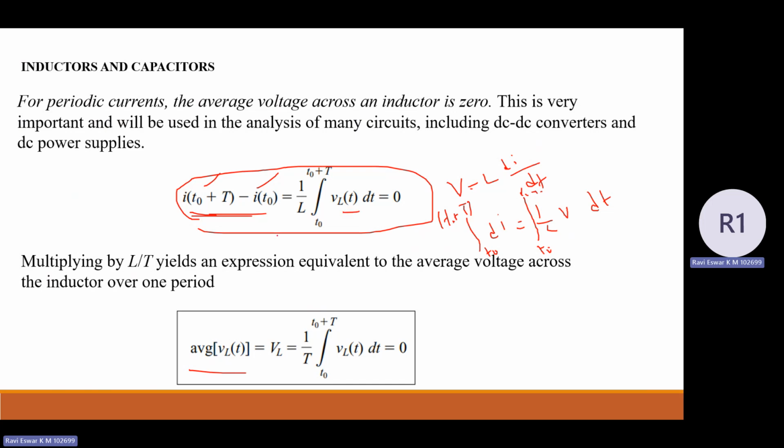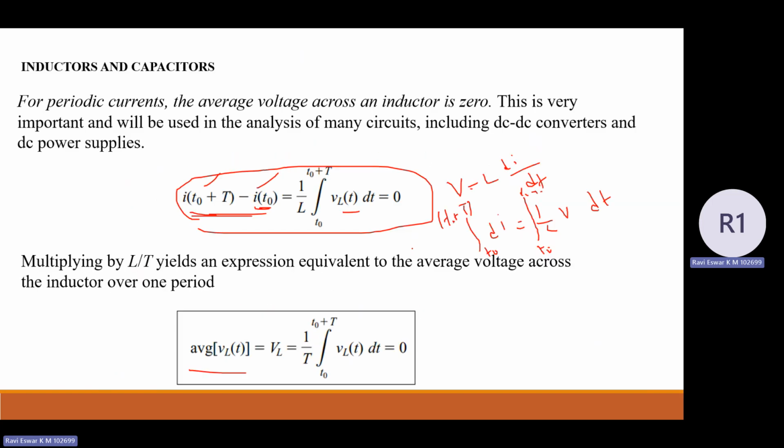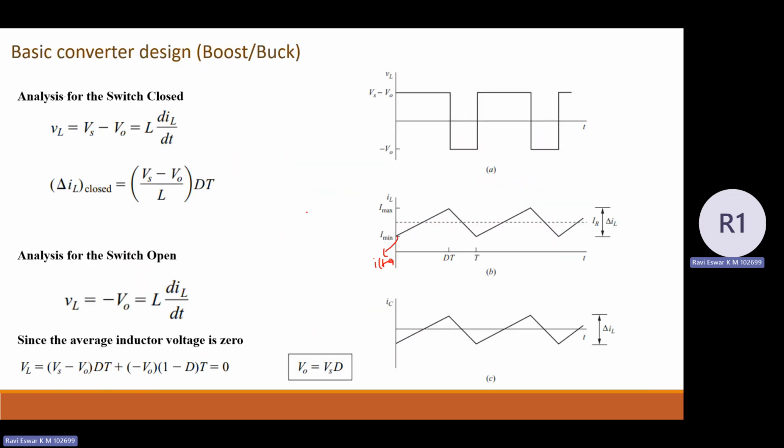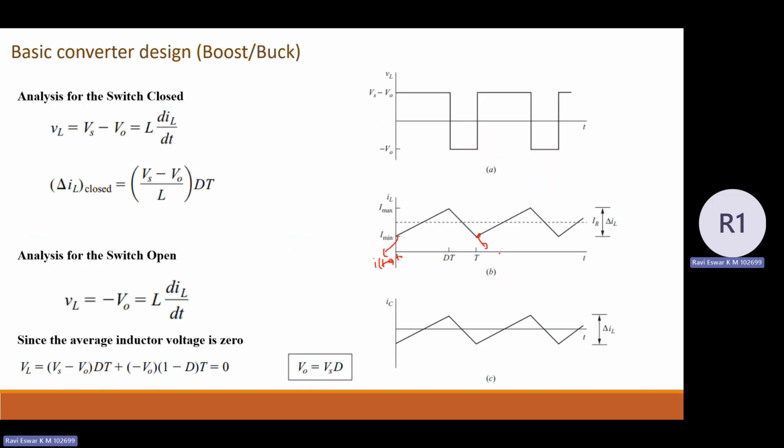From this, I can say that the minimum current in the first cycle, I of T naught, should be equal to the minimum current in the next cycle, I of T naught plus T. If I take T naught equal to 0, then I of 0 and I of T should be equal.